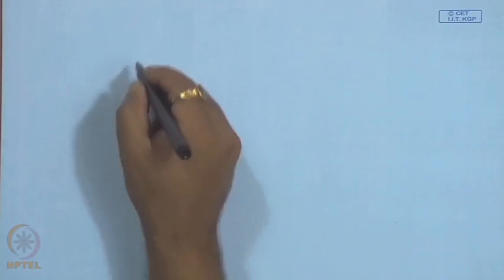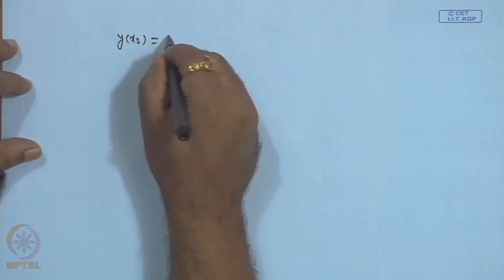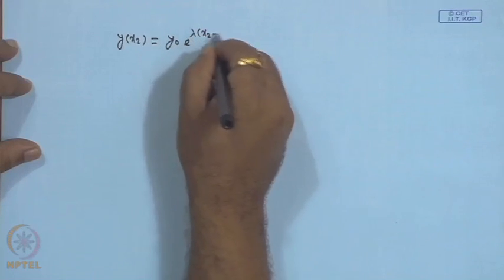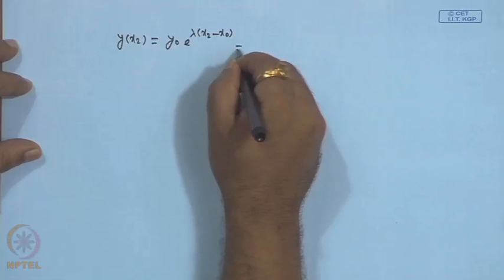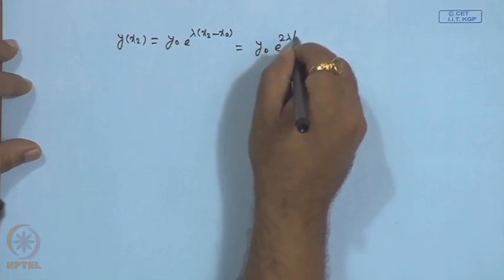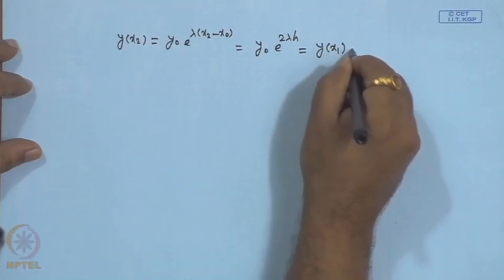Then y of x 2 is y 0 e power lambda times x 2 minus x 0. So, y 0, so this is y of x 1.